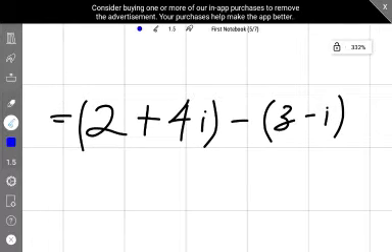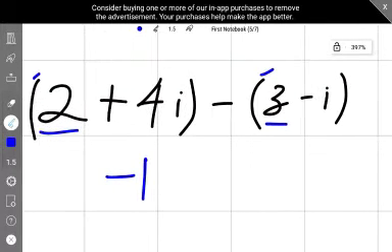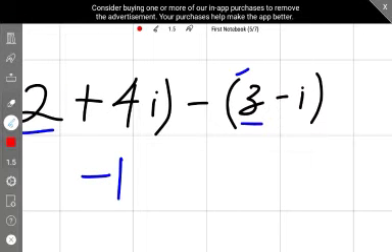So to subtract this from this, all we do is 2 minus 3. Those are the real parts of both complex numbers. 2 minus 3 will give you minus 1. And here we have 4i minus i. But you have to give preference to this negative sign right here, because it's going to affect what is inside here.